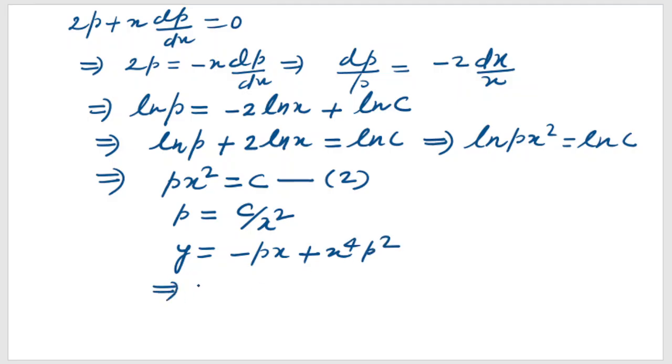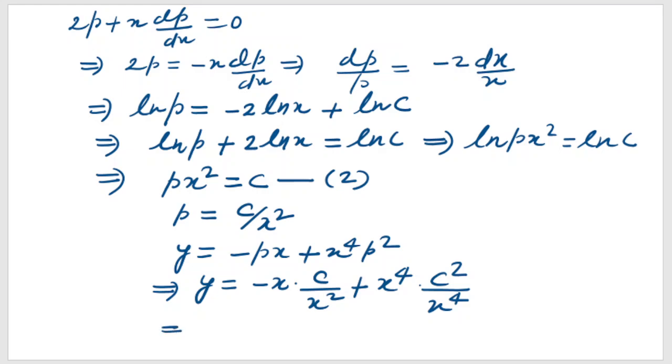So if I write in place of p, c by x square, I get minus x into c by x square plus x to the power 4, and p square will be c square by x to the power 4. So it will look like y is equal to minus c by x plus c square. Okay, and this is our solution.